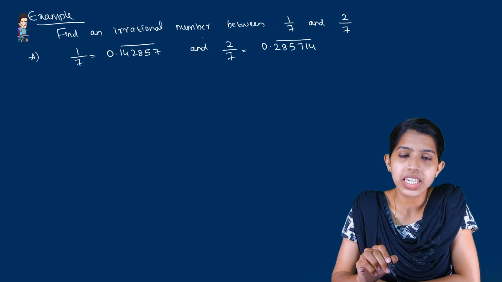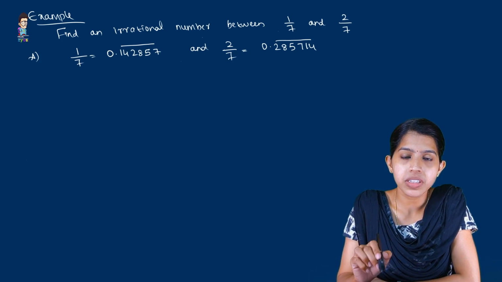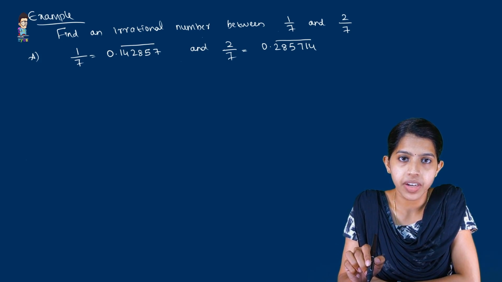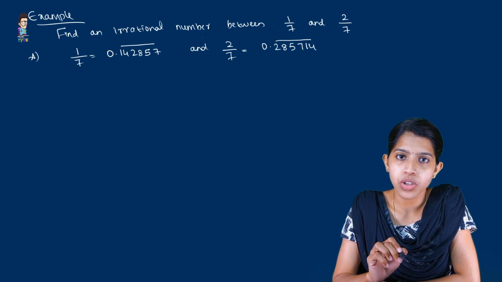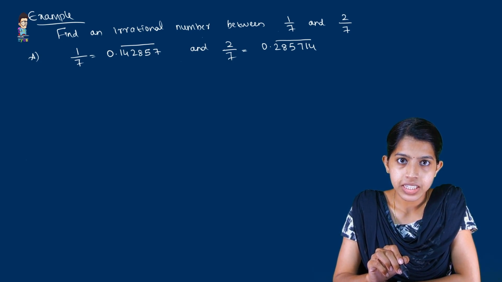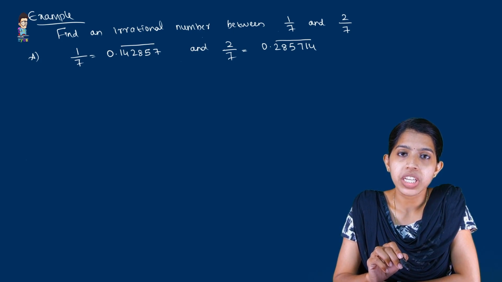Now, the question is, we need to find an irrational number between these two numbers 1 by 7 and 2 by 7. And here, we will use the property of the decimal expansion of an irrational number, that is, it will be non-terminating, non-recurring.